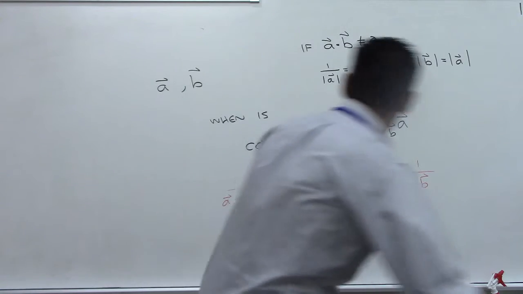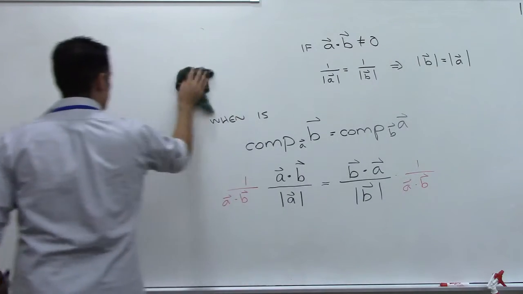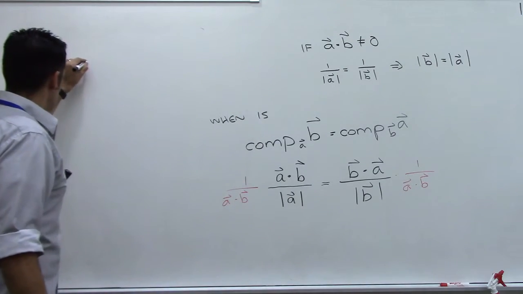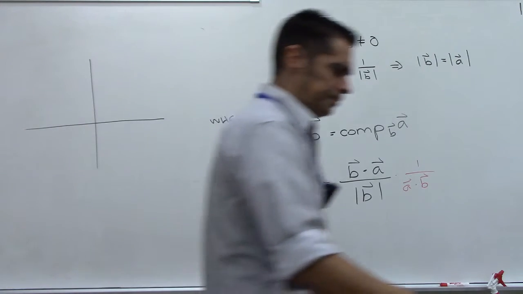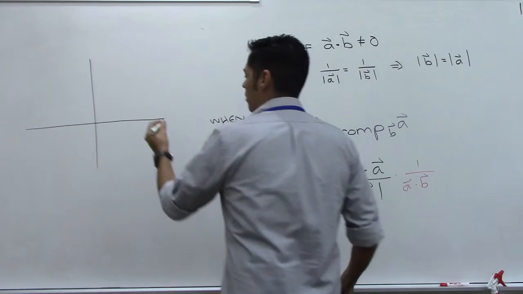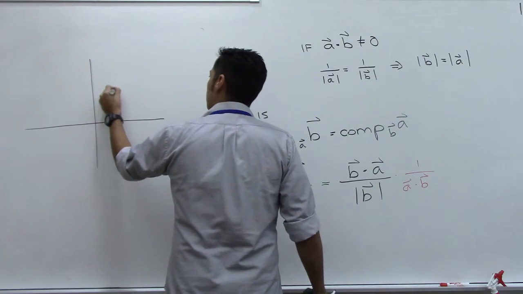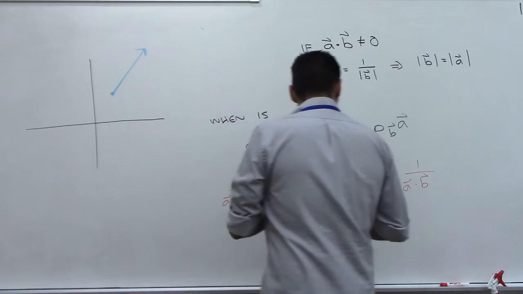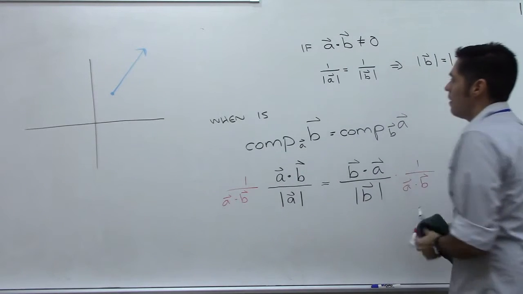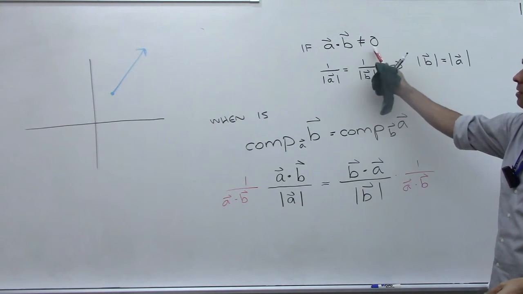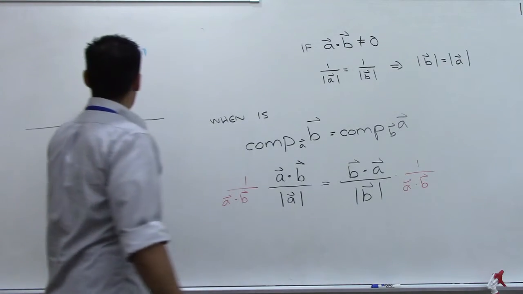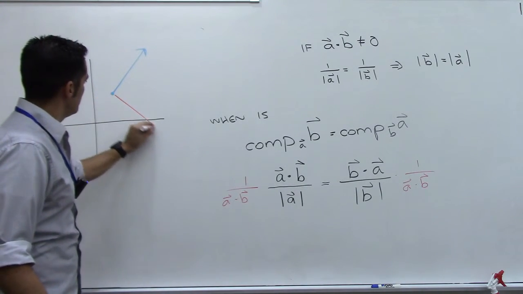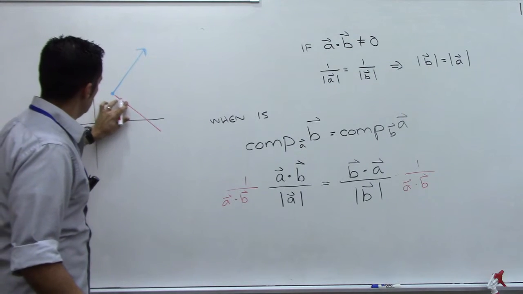Let's say that we have two vectors, and let's do it in two-dimensional space so it's easier. Let's just say you take some vector, here it is. Now I come up with another vector where the dot product is not 0, so they are not perpendicular. I can't make a right angle.